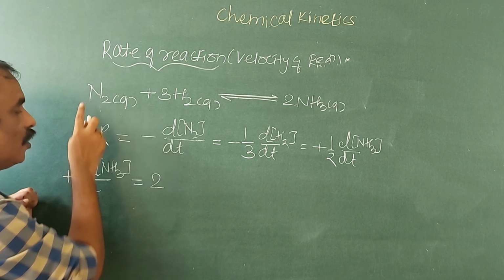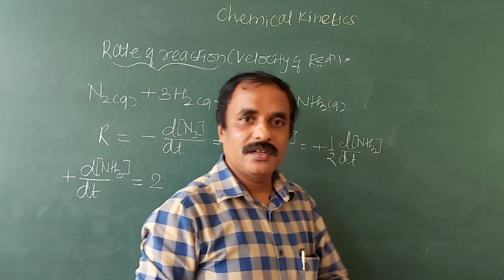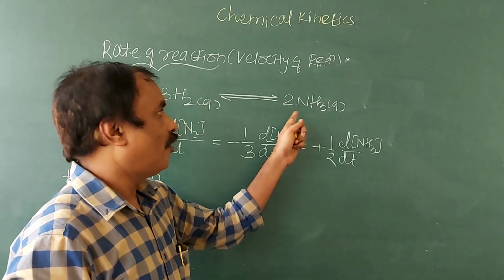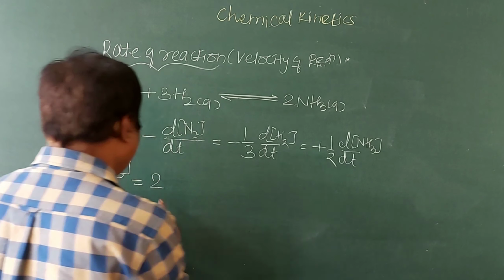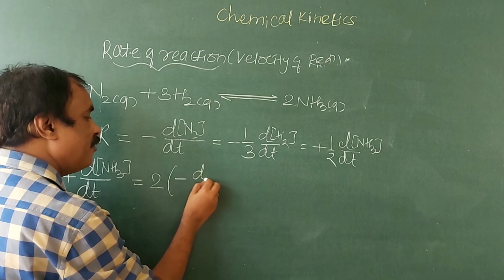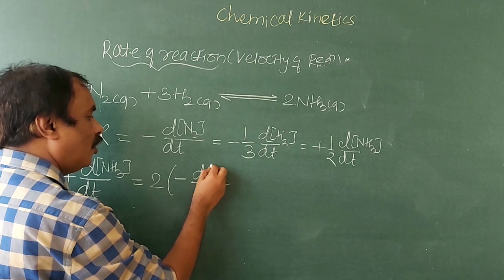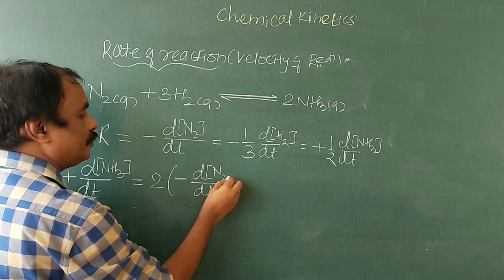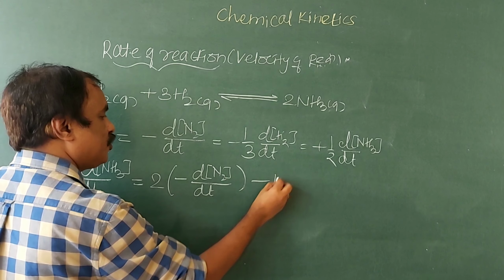Here when 1 mole of nitrogen is consumed, 2 moles of ammonia are formed. So here double minus d by dt of N2. Relation number 1.